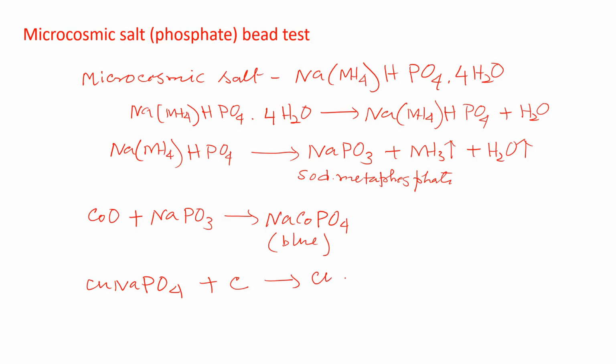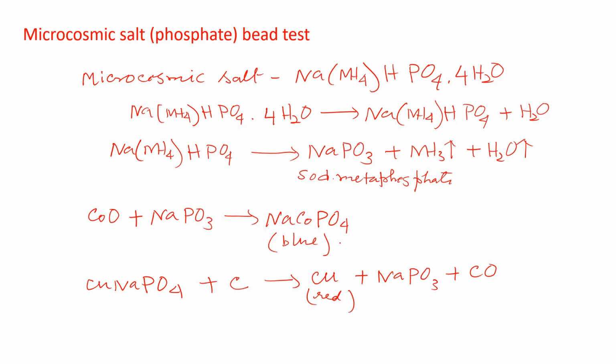It will form the metallic copper, and metallic copper, you know the color, red or reddish brown, you can tell. And then once again this sodium metaphosphate will form and carbon will be oxidized to carbon monoxide. So in oxidizing flame you are getting the color due to what?